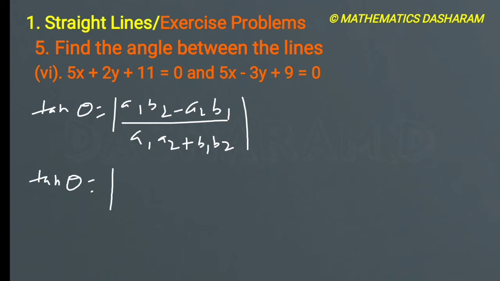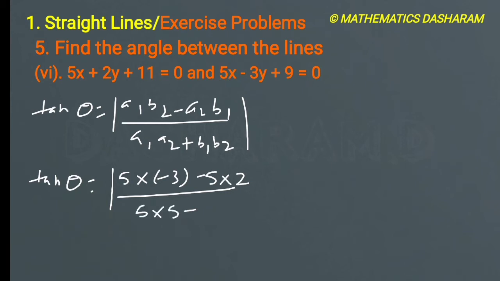Mod of a1, the x coefficient, which is 5, into b2, the y coefficient, -3, minus a2, the x coefficient, 5, into b1, the y coefficient, 2, divided by a1 into a2, the x coefficients, 5 into 5, plus b1 into b2, the y coefficients, 2 into -3. It is equal to 5 into -3, which is -15, minus 10, divided by 25.